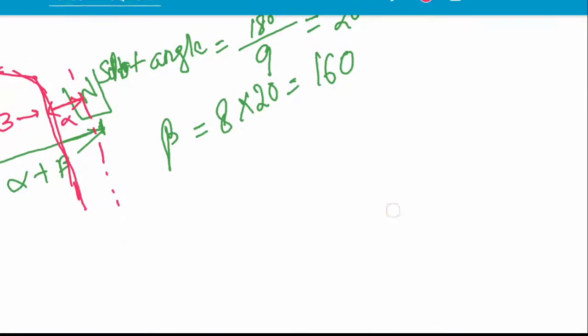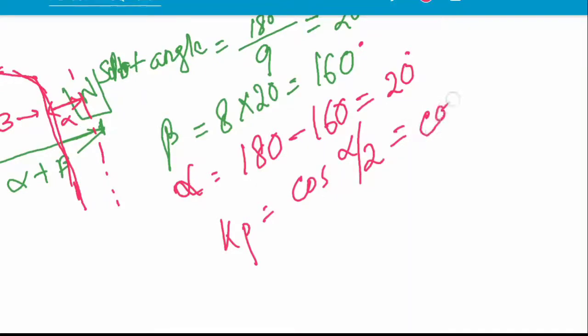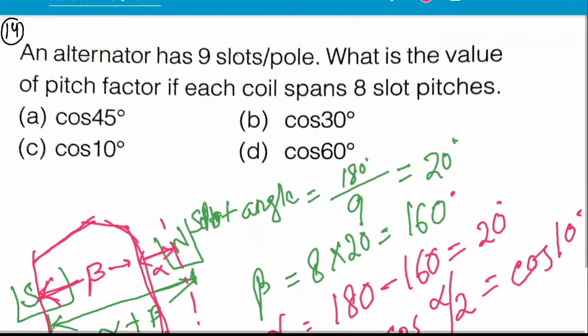So here alpha is equal to 180 minus 160, which is equal to 20 degrees, and Kp is equal to cos alpha by 2, which is equal to cos 10 degrees. So this is option number C.